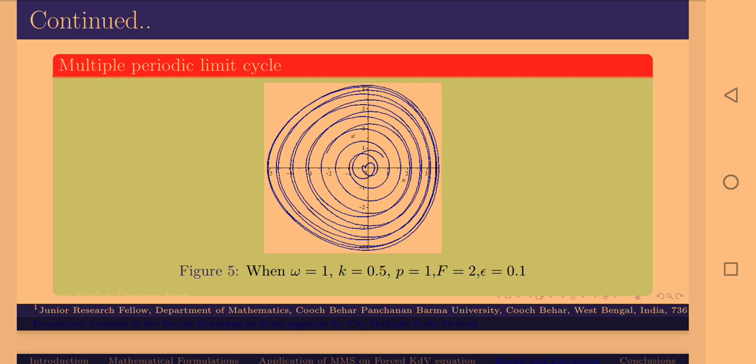So, here we see that the system maintains a single periodic limit cycle for f less than or equal to 0.2. If f belongs to 0.2 to 1.5, the system follows in general a 2 periodic limit cycle. For multiple limit cycles, f should be greater than 1.5.